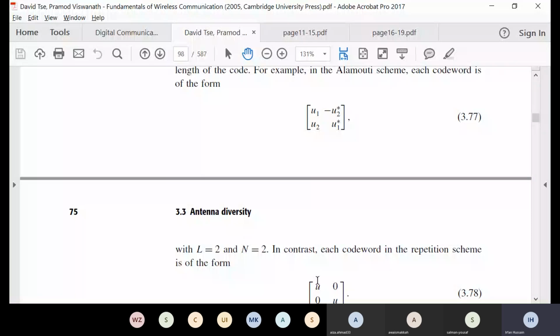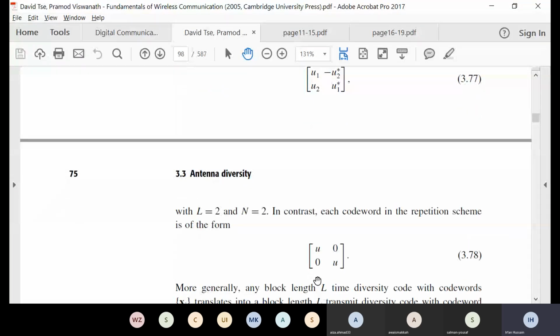I will not be sending through the second antenna in the first slot, that is, it is 0, and sending the symbol to the first antenna. So I have to keep the other silent and only one has to send. This is the repetition scheme. So its codeword will be given as follows.